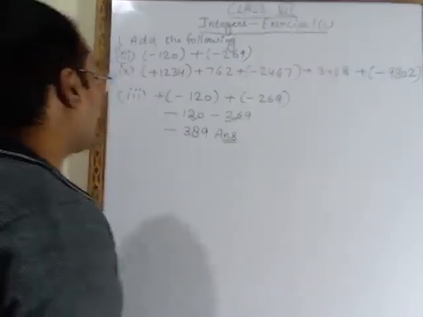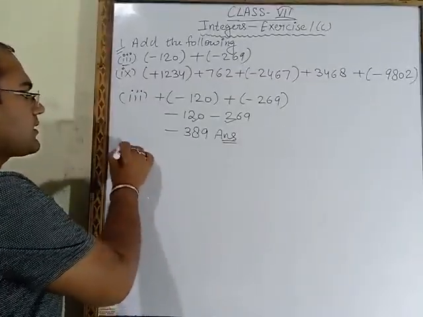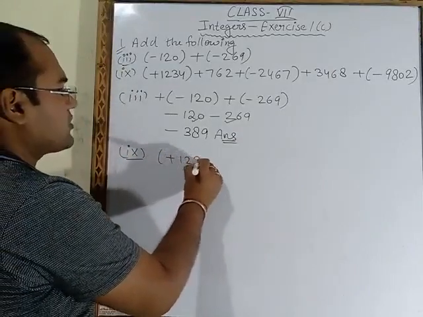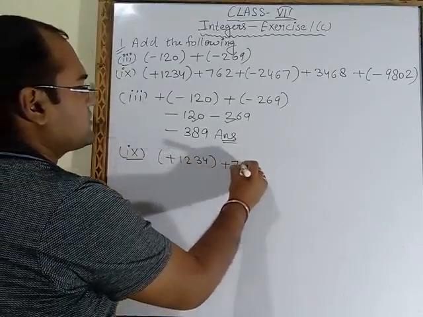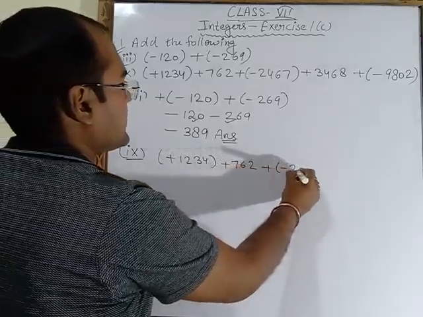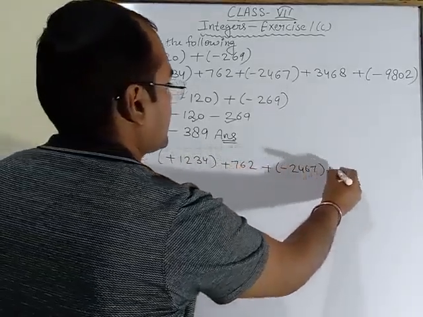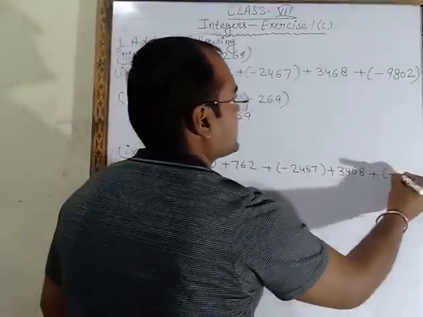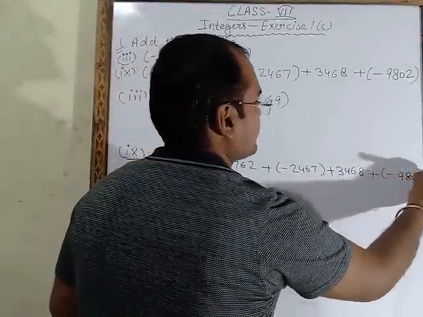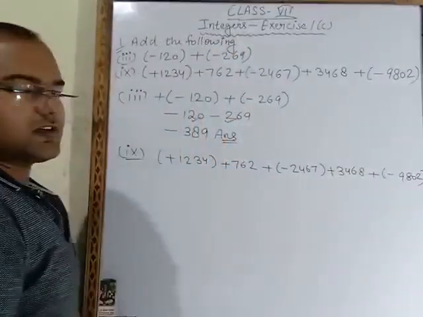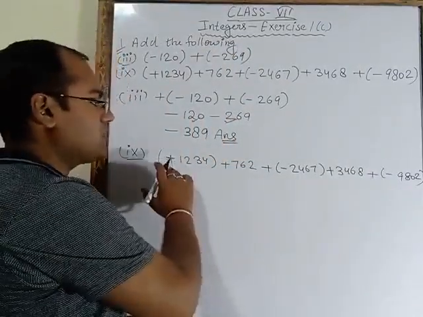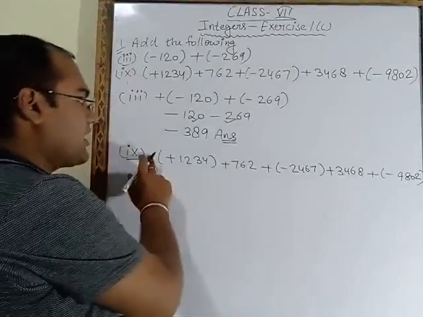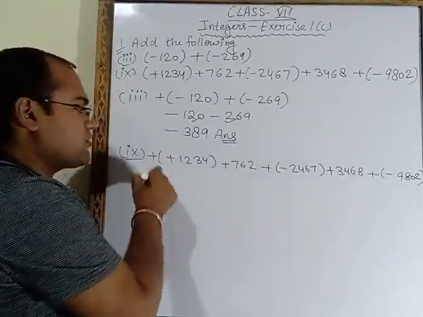Now see the ninth part. The ninth part is plus 1234 plus 762 plus minus 2467 plus 3468 plus minus 9802. So this is the question. First of all we have to solve these brackets. Outside the bracket no sign is there, that means you have to take a plus sign.